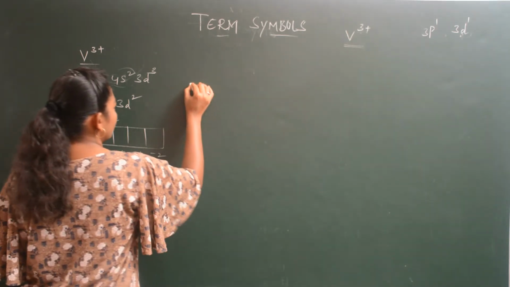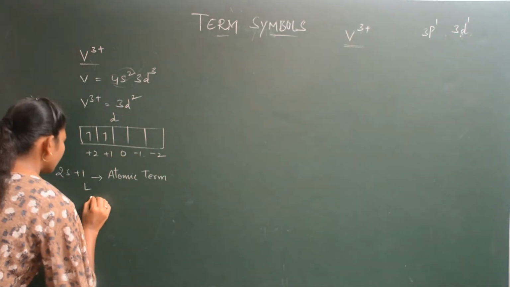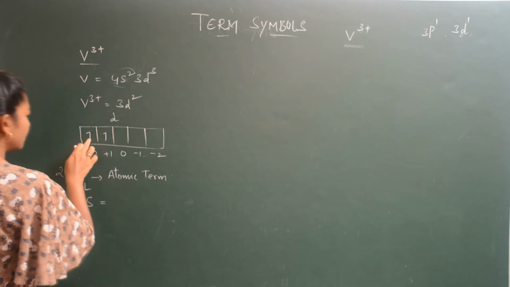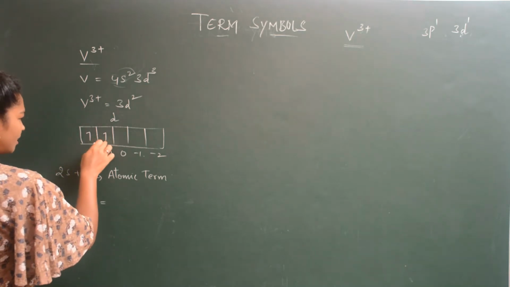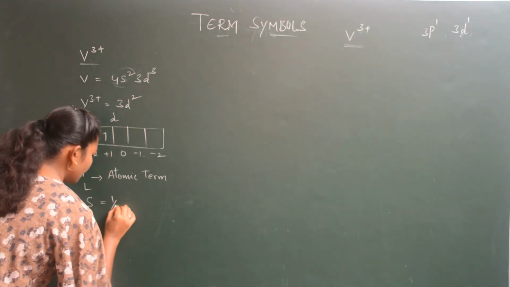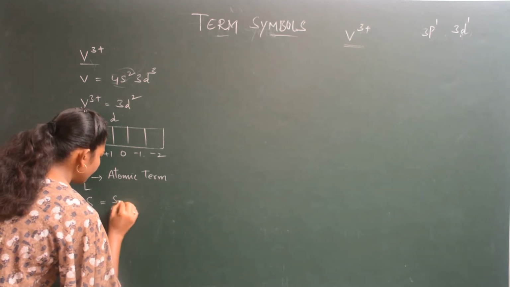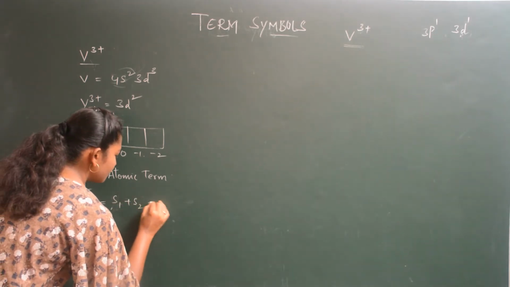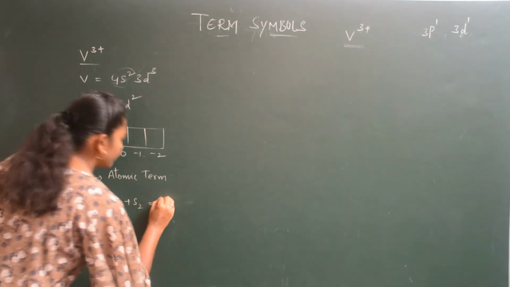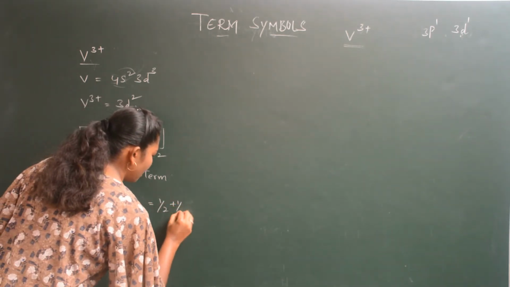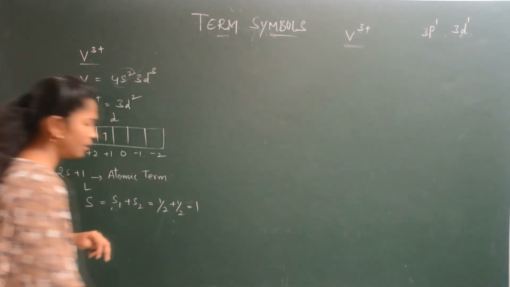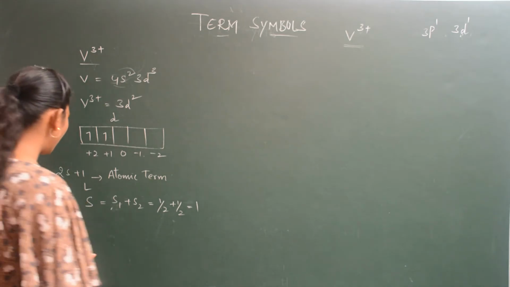I told you, summation S is equal to S1 plus S2. Two spins are there, so S1 plus S2 is equal to half plus half. So you got 1. So spin is 1.